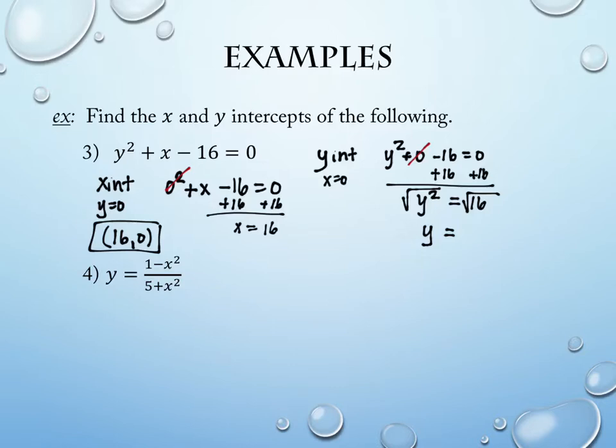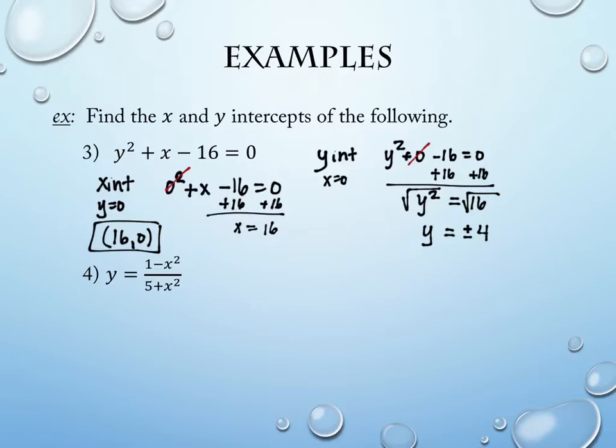But when we insert a square root into a situation where there wasn't one to start with, we don't care that it's just the positive part. It's either one. So if we put a square root onto a problem, we have to put plus or minus. And then what is the square root of 16? 4. So there's actually two y values that came out of this, 4 and negative 4.